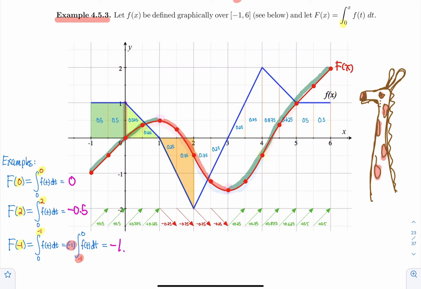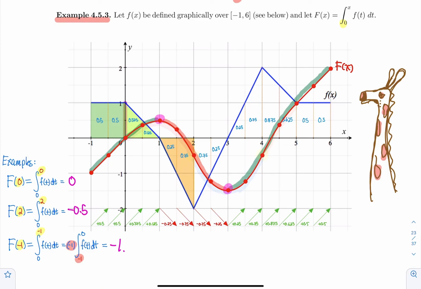And meanwhile, we have a local maximum at 1, and we have a local minimum at 3 on big F, and those correspond to roots for the function small f. So small f is 0 at 1, and it's 0 at 3, and that corresponds to critical points for the function big F.